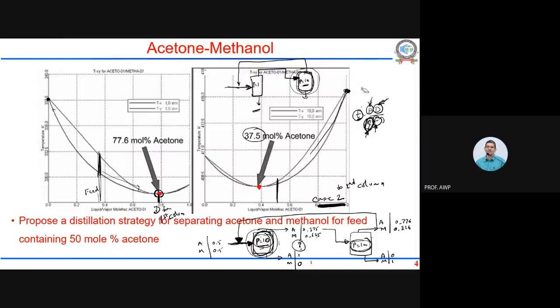Do you agree? Yes, sir. The only problem is the reflux ratio can be different in the two columns in case 1 and case 2. So it's a question of optimization, but in general this would be better than this.